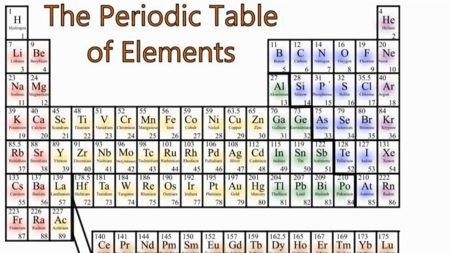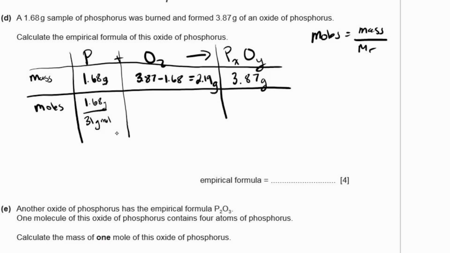So phosphorus here, 31 grams per mole. Okay, right up here, mass number. Oxygen, mass number of 16 grams per mole. Okay, so that equals 0.054 moles.